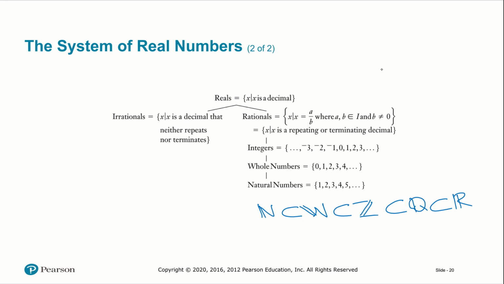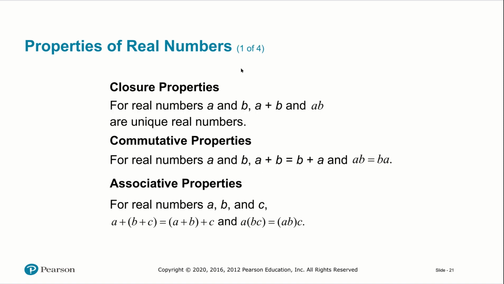On this side, we have the lonely group of irrational numbers, which can only be related to the set of real numbers. They have no connection to these other sets. Now, we've already discussed the properties of closure, commutative, and associative for whole numbers, integers, and rational numbers.